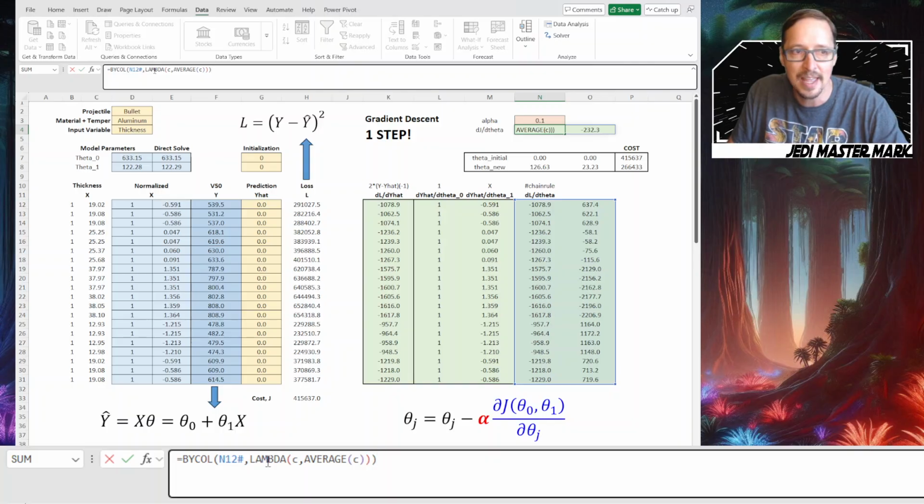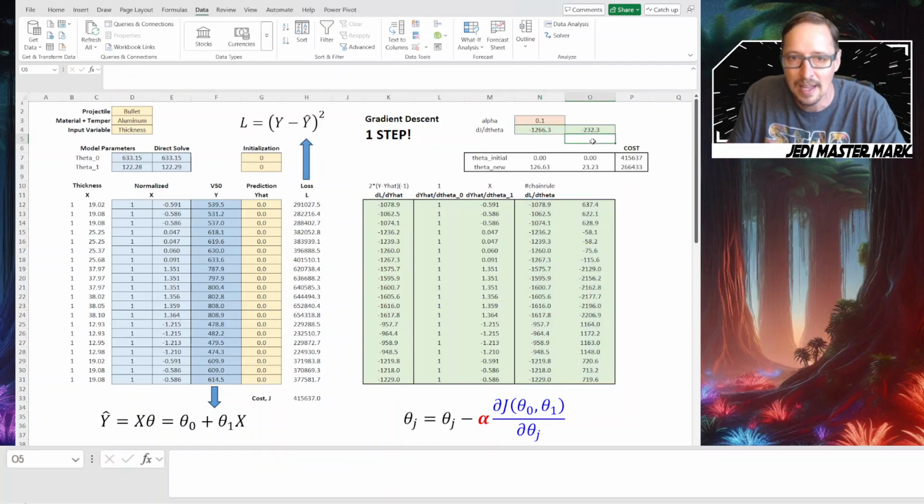I use this lambda function, and I identified C to reference each column. So each column it's going to take an average and return a value within this new array. So now we have the derivative of the cost with respect to theta naught and with respect to theta 1.